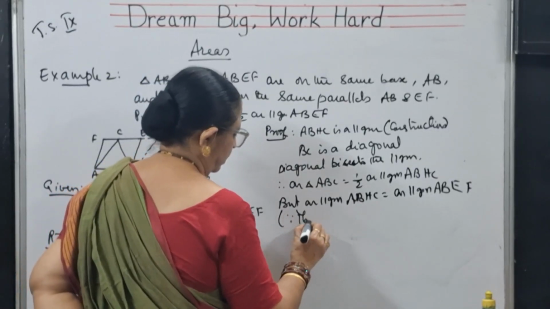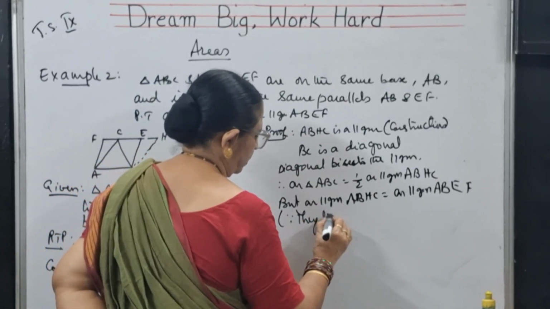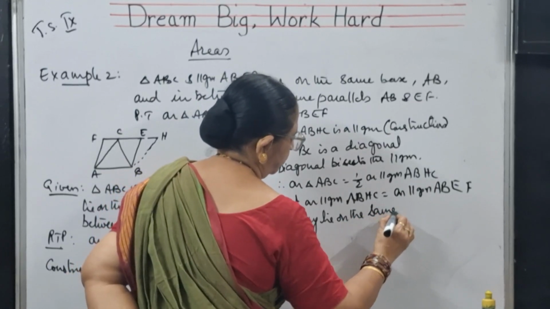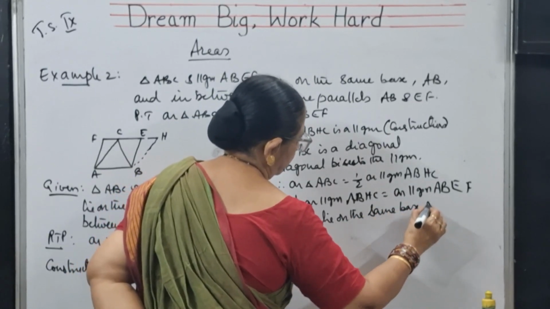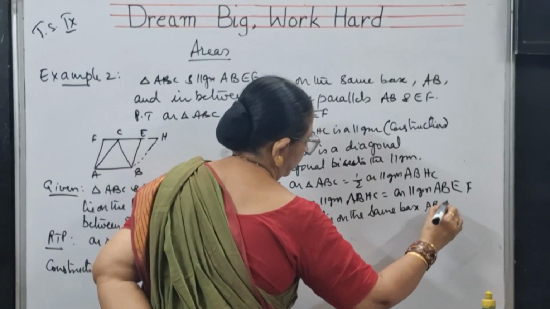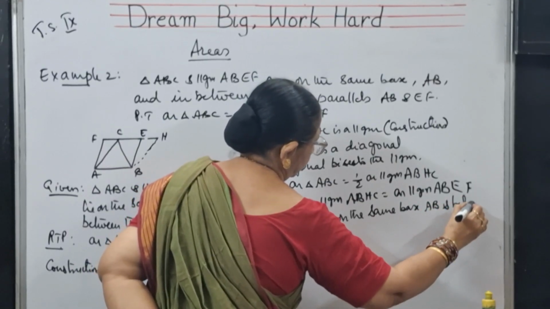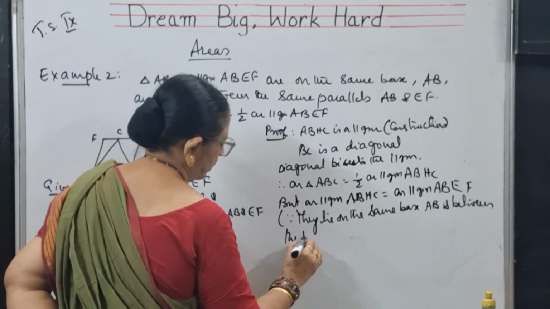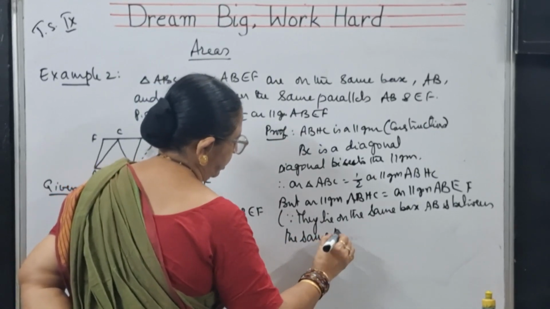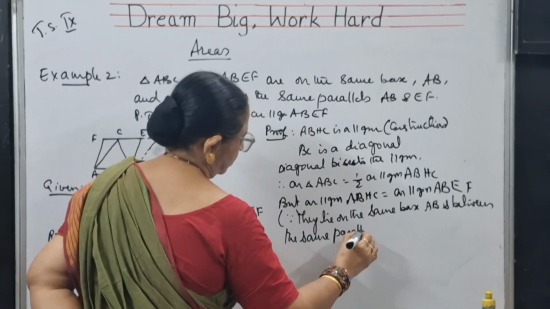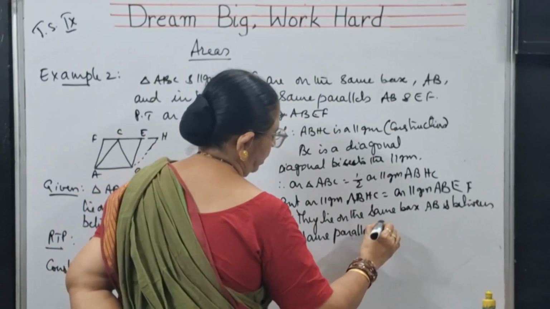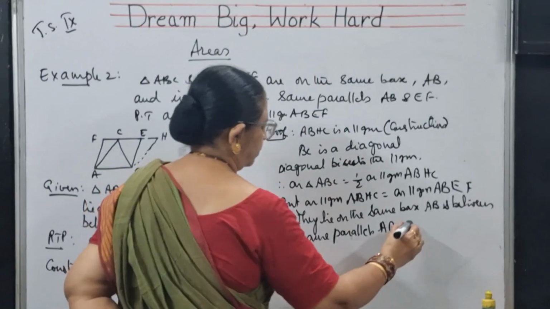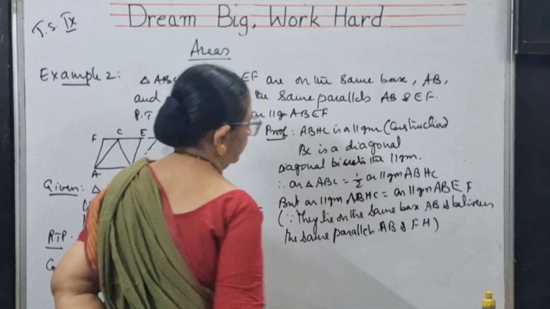Because they lie on the same base AB and between the same parallels AB and FH. This is the reason.